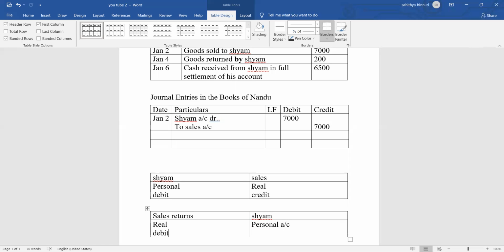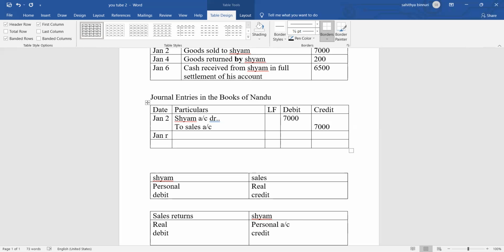Whosoever is giving, always credit him. The principle tells the same thing every time. So that's the reason Sham is giving you, so he will be credited. So for this transaction, sales returns will be debited and Sham will be credited when the goods are returned by Sham on January 4th. So let me record it in the form of a journal entry.